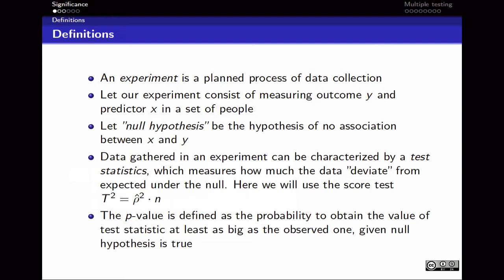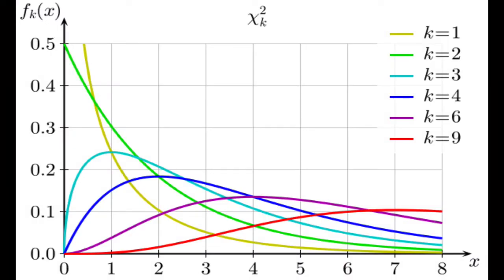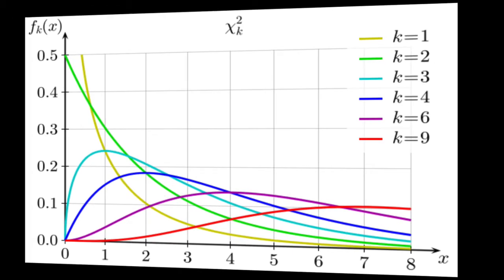The p-value is defined as the probability to obtain the value of the test statistic at least as big as the observed one if the null hypothesis is true. Usually the test statistic is chosen so that it comes from a known probability distribution. For example, the score test is coming from the chi-square distribution, so we know this distribution, and then for certain values of the score statistics we also know corresponding probabilities that these test statistics will be this big or even larger.